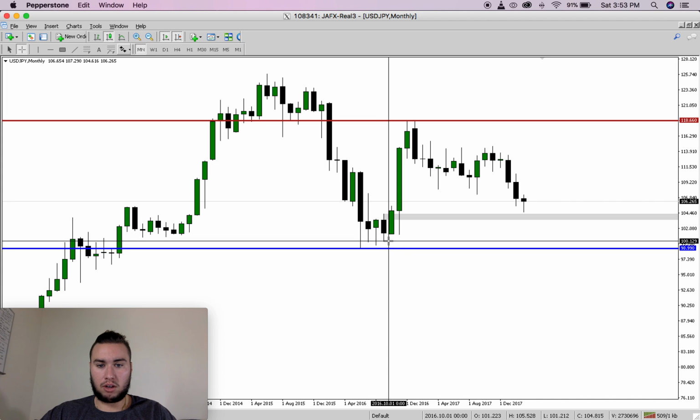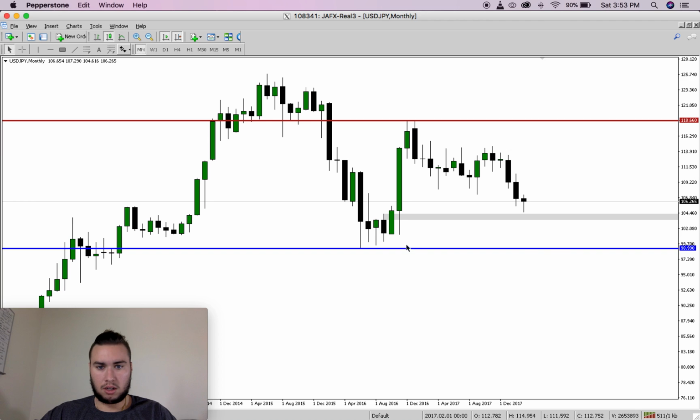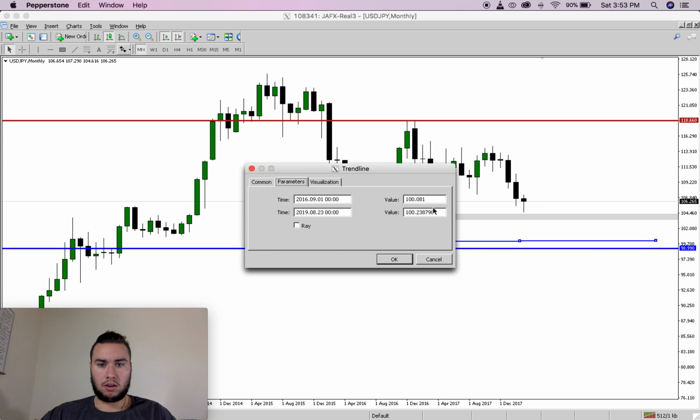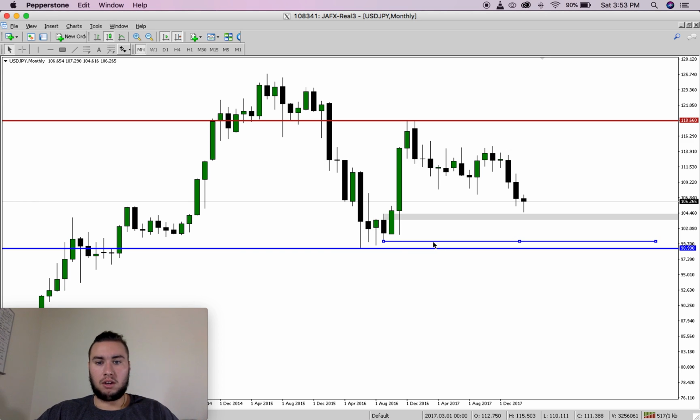So that low comes in at 106.08. We can mark that out, and I'll put monthly bullish order block low. Keep in mind that's close to our monthly low here.